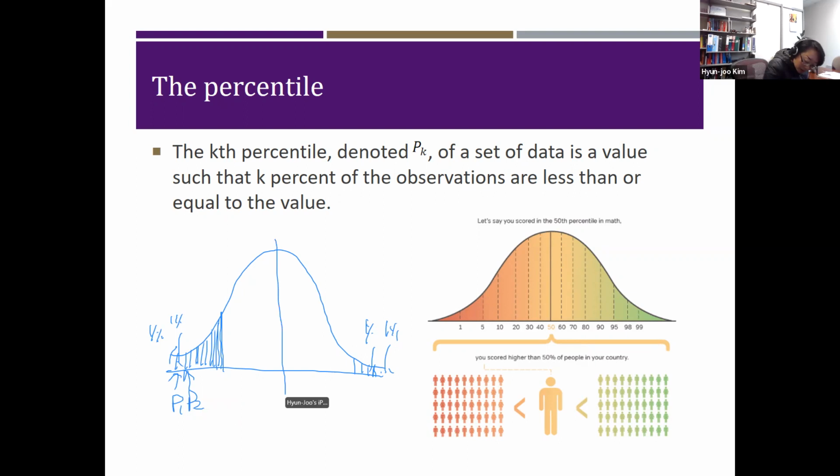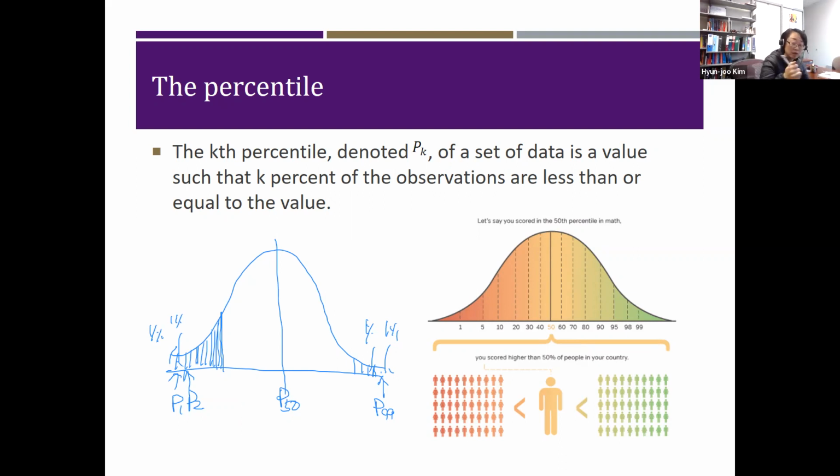This one will be the 50th percentile, and the very last one will be the 99th percentile. There's no P100, because you're dividing the probability into 100 pieces, each 1%. So the last one is actually P99.